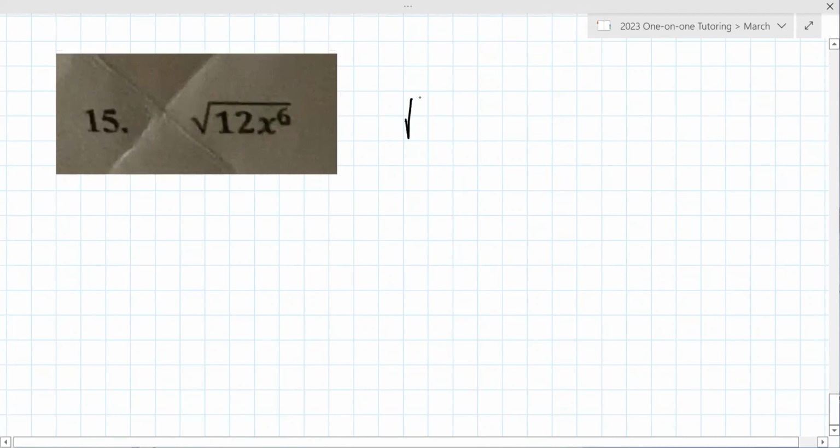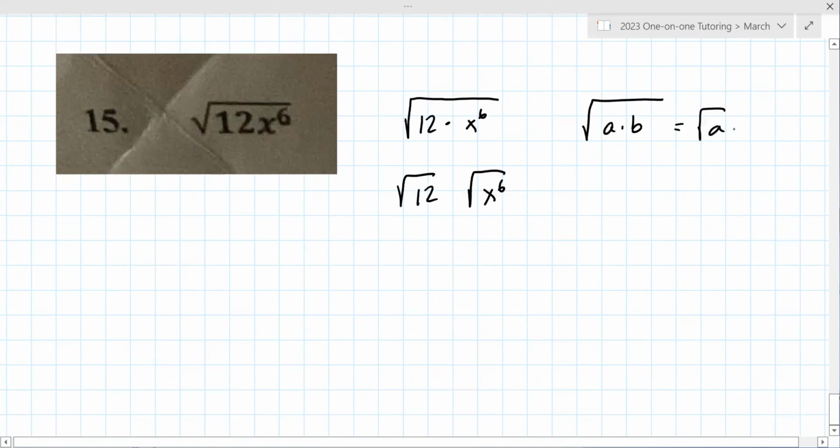It's really the square root of 12 times x to the 6th. And then you can break each of those apart into a separate problem. So there's this property that allows this to happen. Okay, so the one on the left, that's like what we've been doing in 13 and 14. So will you try that and let me know what you come up with?